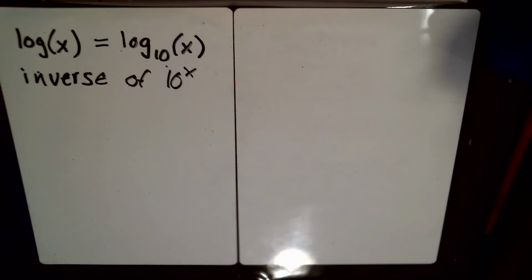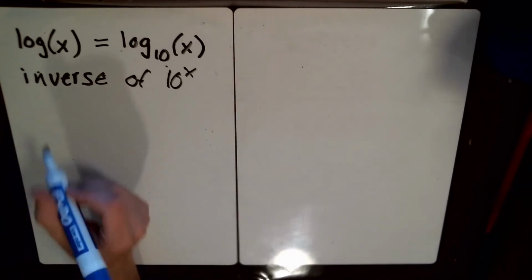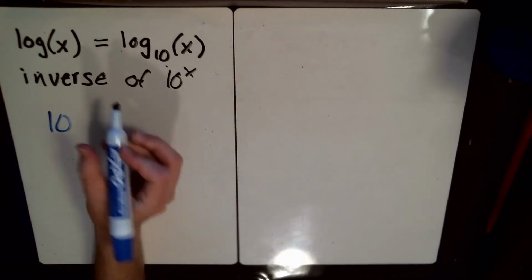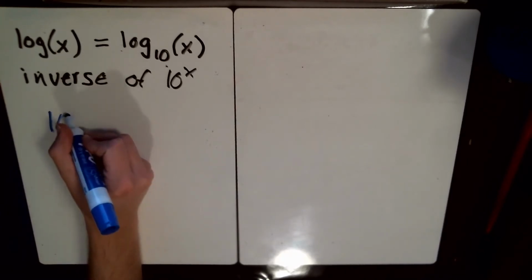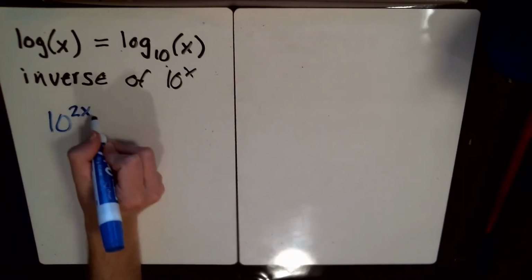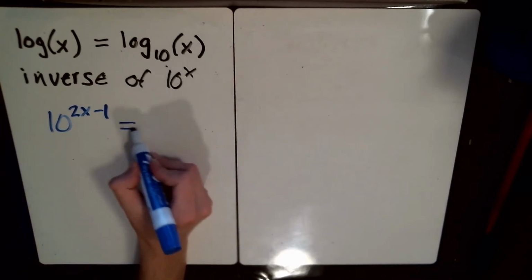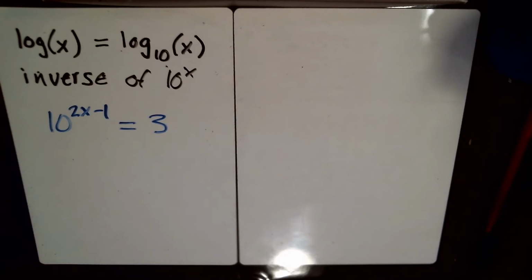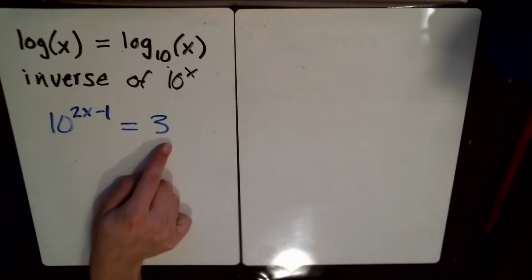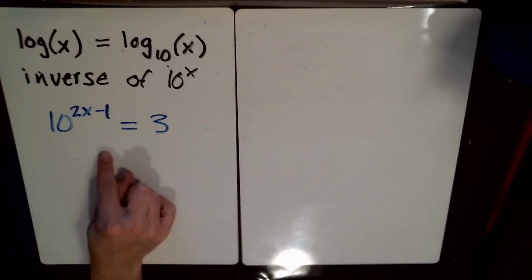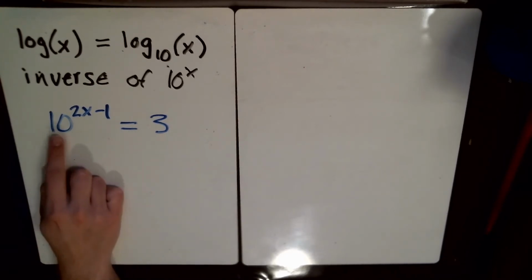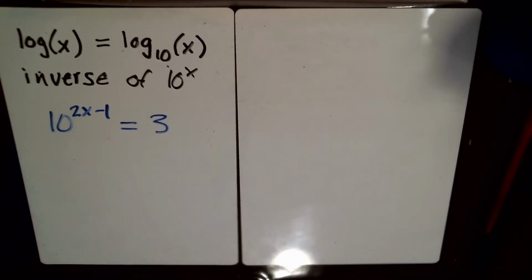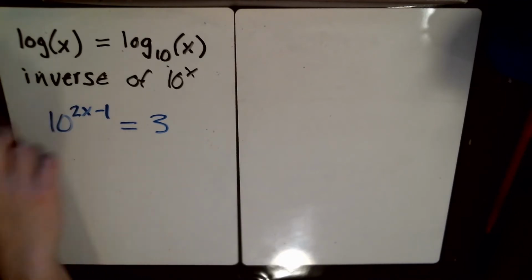So for instance, you would use log if you had an equation like 10 to the 2x minus 1, and you want that to equal 3. I'm just making stuff up. If I want to solve for x, I would want to get rid of this 10 raised to the power, so I want to move x out of the exponent.